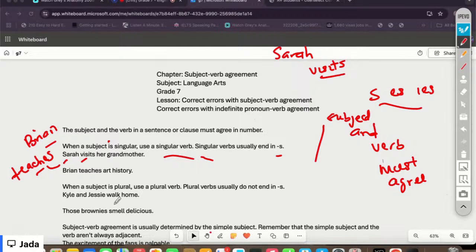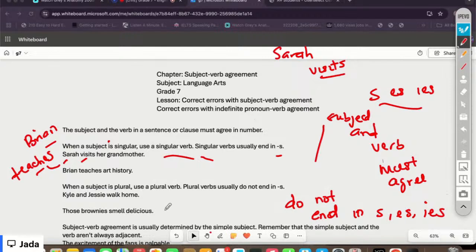Brian now is also singular, and teaches here is a singular verb because it ends with es. And then when a subject is plural, verbs usually do not end in s. So the plural verb does not end in s, es, or ies.